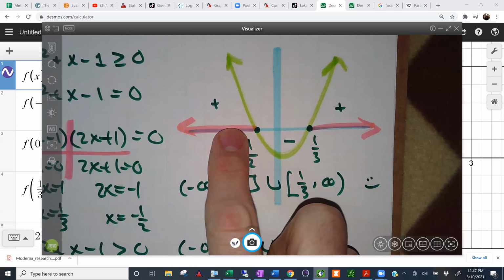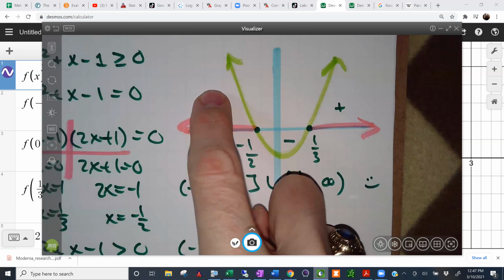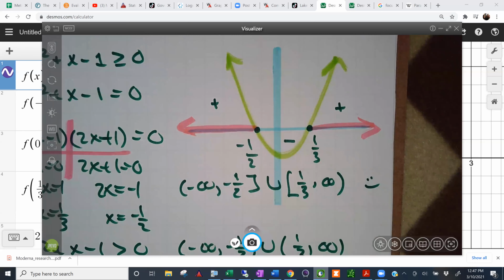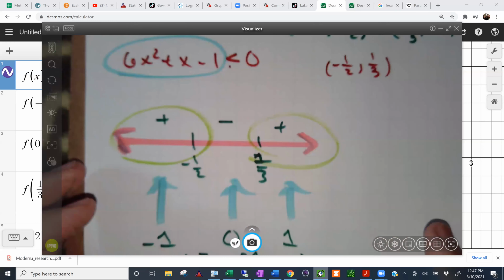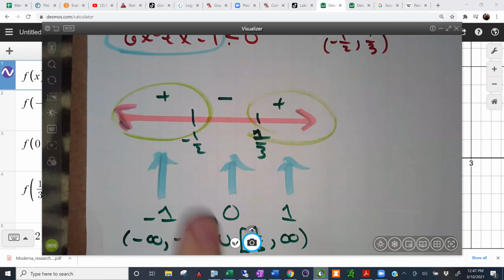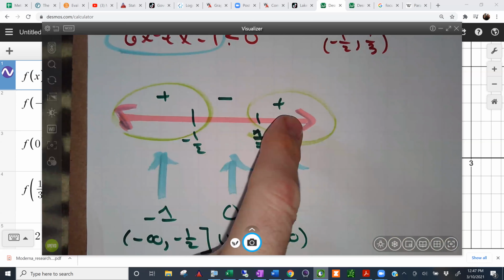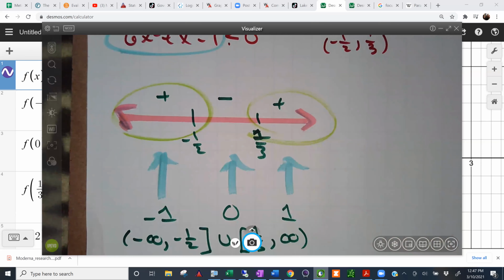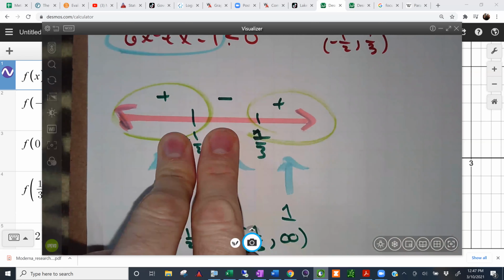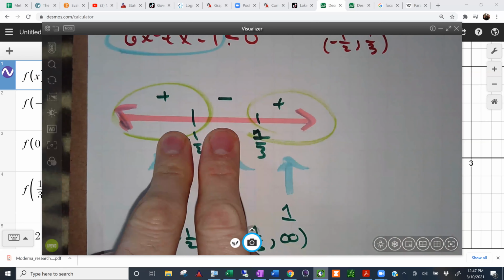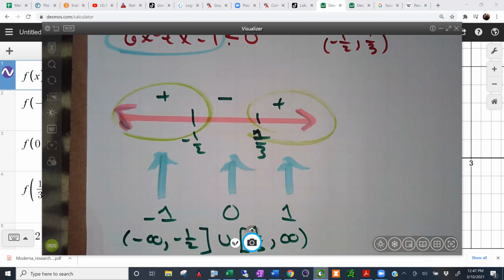The graph here is saying, oh, I'm positive here, and I'm also positive here. Now, without as much visual, we get the same information down here, positive, negative, positive, and we got that just by testing points. This is a more mechanical approach, and it's going to be easier for you when we do rational inequalities. And I keep on mentioning that.